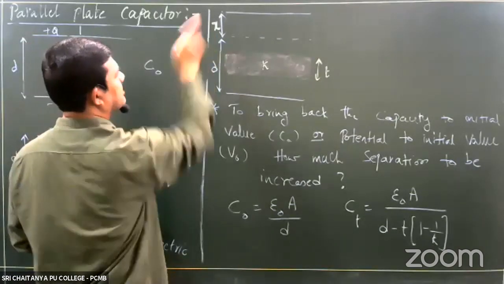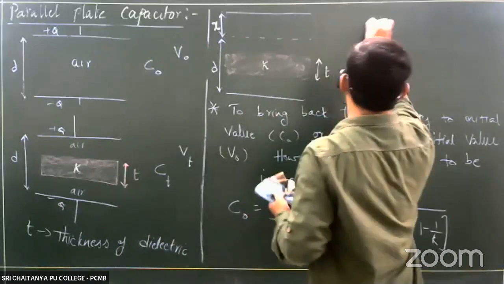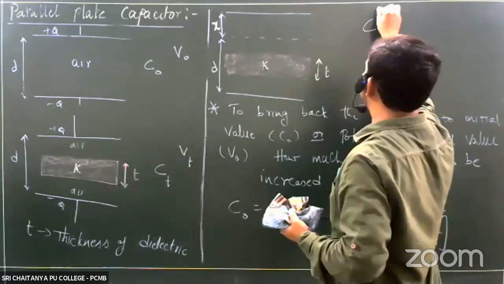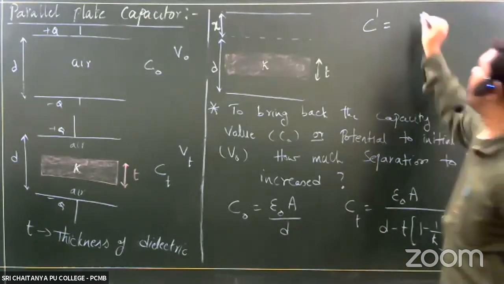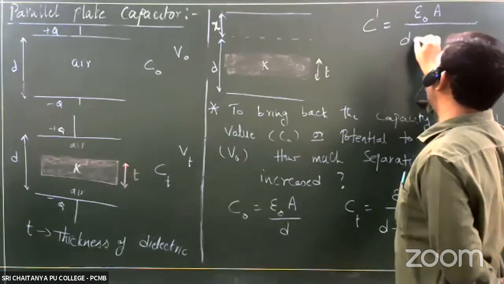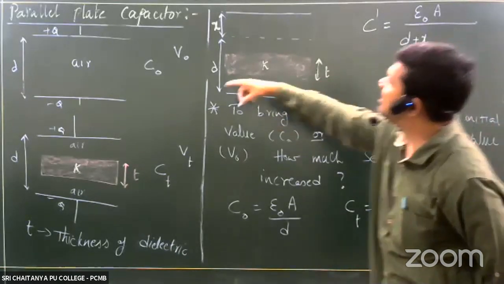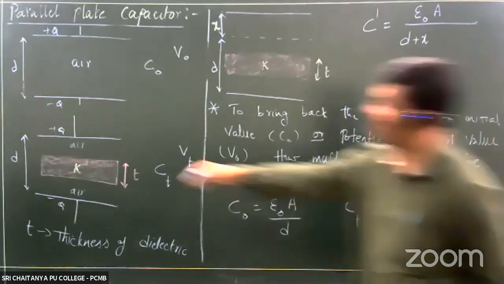D plus X, right? In this case, the new capacity, I call it as C dash. Epsilon naught A by D plus X.